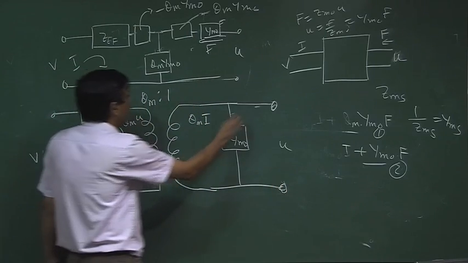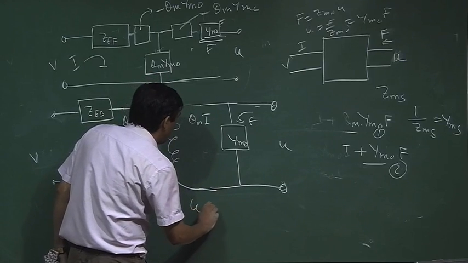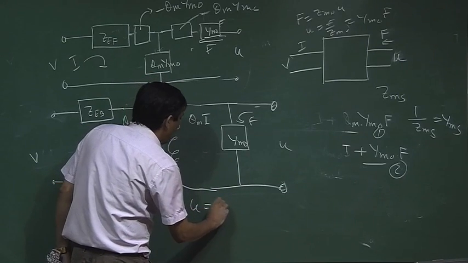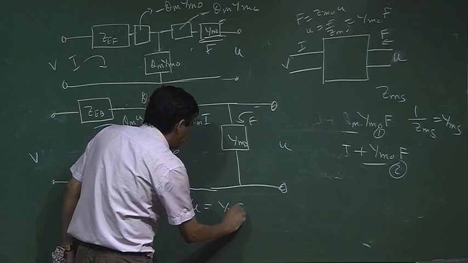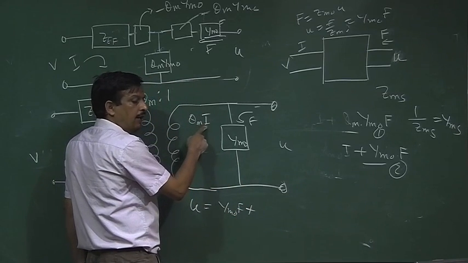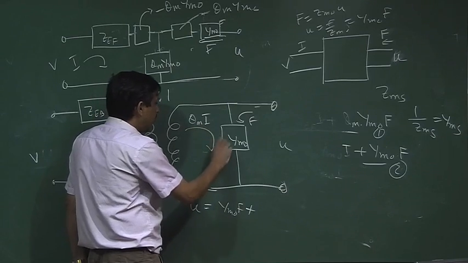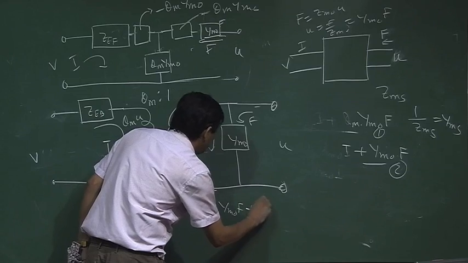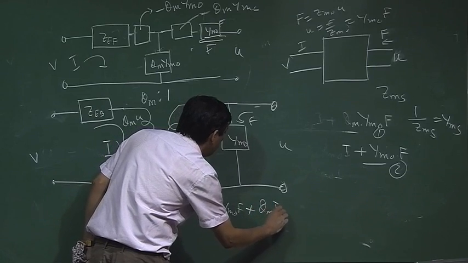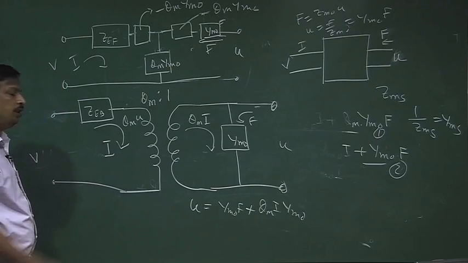So, U is equal to YMO into F plus phi m I into YMO, which is the canonical equation.